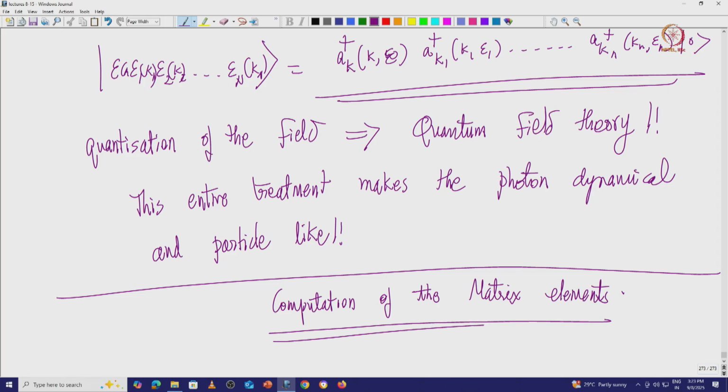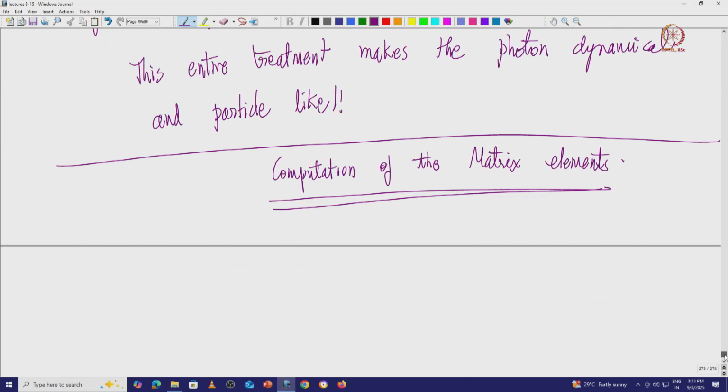When you are doing the computation there are certain theorems which are very useful, because you remember that the Dirac equation is a matrix equation and the solutions are column vectors, U, and U bar is a row vector.